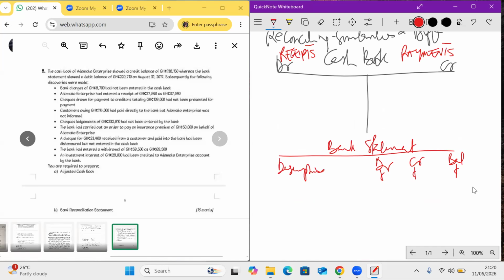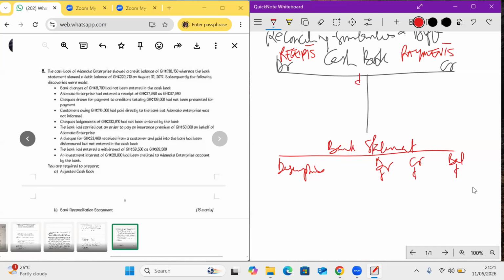That's how the bank statement appears. So whenever the business receives any money, it will record it in the cash book, be it a check or cash. We have what is called single column, double column, and triple column cash books. So let's say here's a single column. We are using a T account.